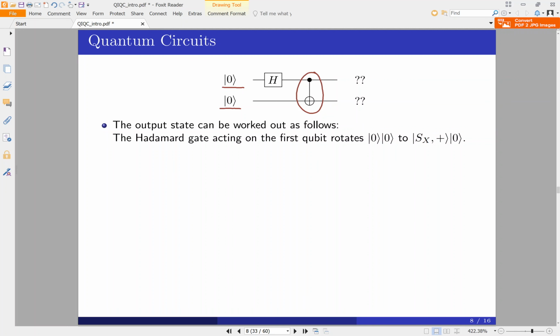So what is the output state now? How do we work out the output state? First, note that the Hadamard acts only on the first qubit. And remember, this takes the sigma z eigenstates to the sigma x eigenstates. So specifically, it maps 0 to Sx plus. And what is Sx plus? That's a superposition of 0 and 1, 0 plus 1 by root 2.